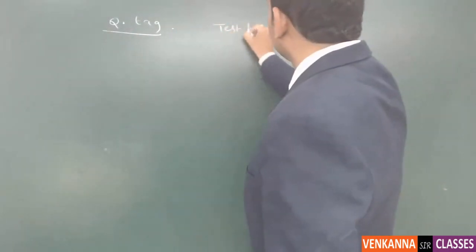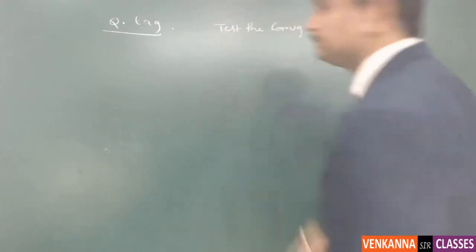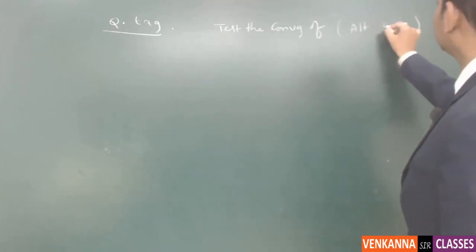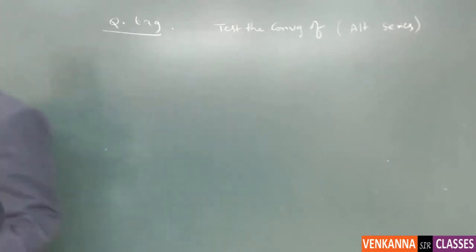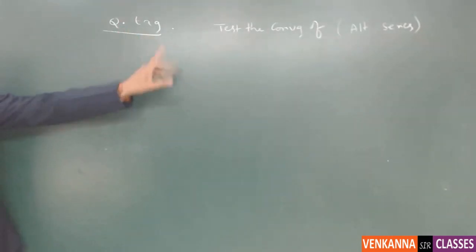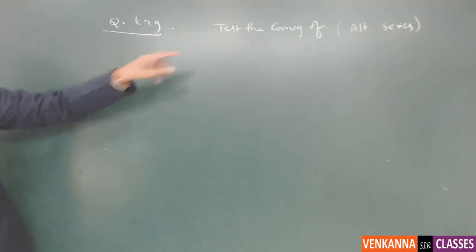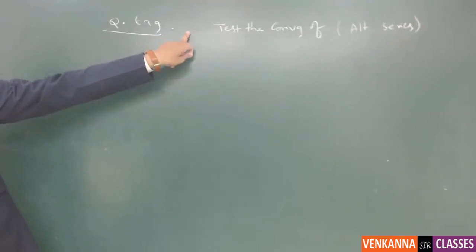Test the convergence of an alternating series that is given. Now the task before us is, what is the approach to verify its convergence? See, the question is asked only for test the convergence, not absolute convergence.